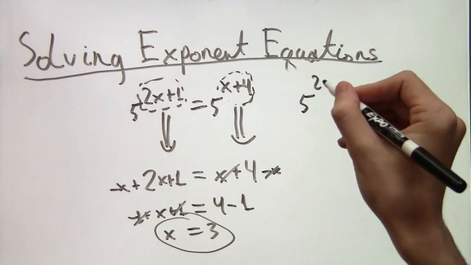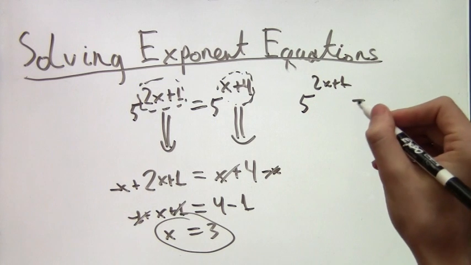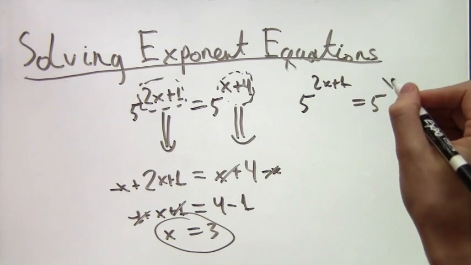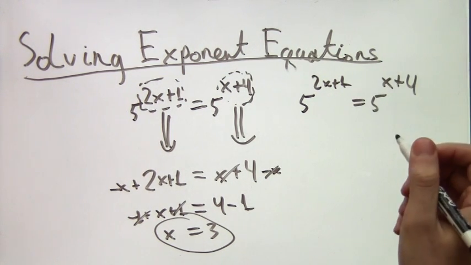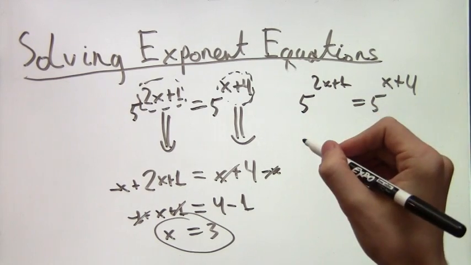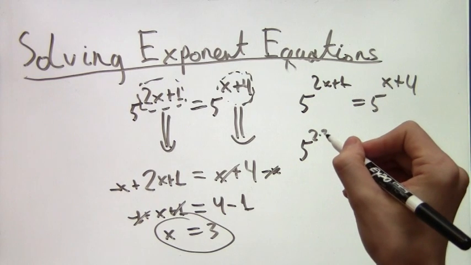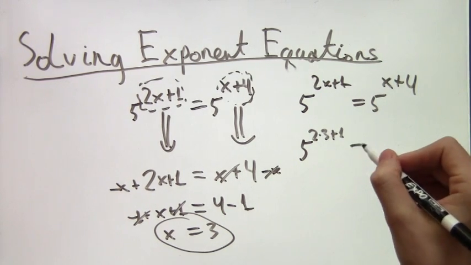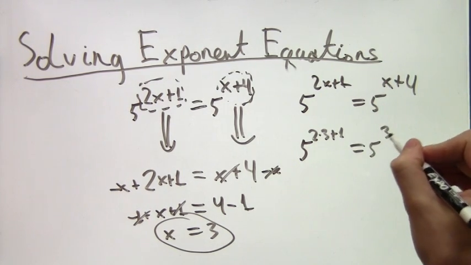Now it's a good idea to plug in this answer so that we make sure that it definitely works. If we plug in x equals 3, we get 5 to the 2 times 3 plus 1 equals 5 to the 3 plus 4.